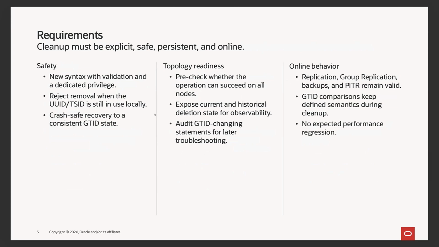Yes, Nikolai? The question of how to do something on every replica in a replication topology has come up before. And you're saying you need a pre-check whether the operation can succeed on all nodes.